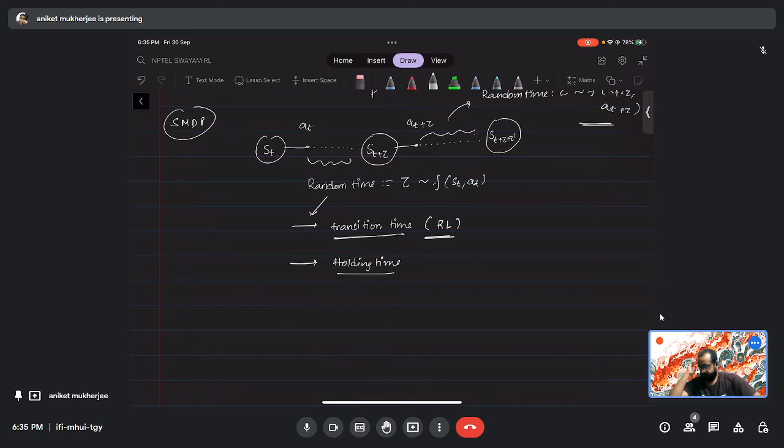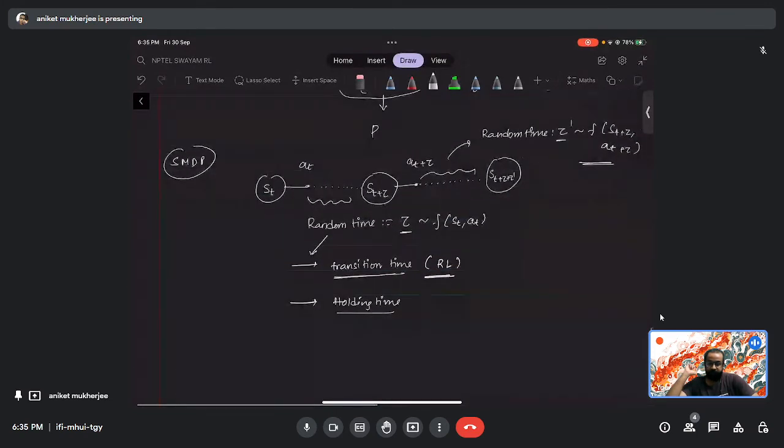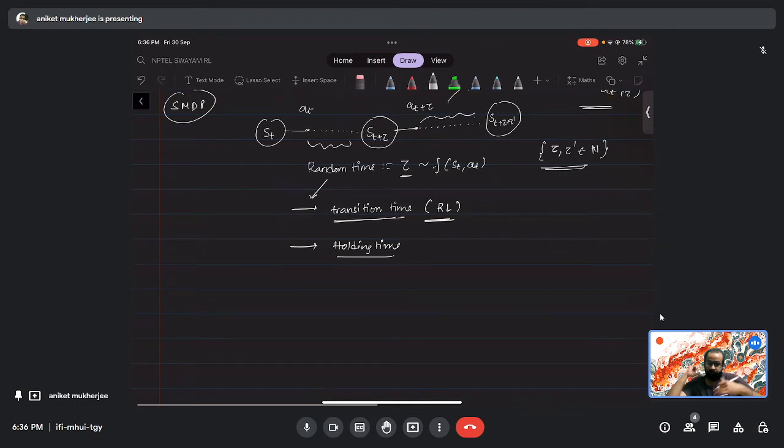Another thing to remember is that there is no notion of continuous time here. You can bring in a continuous time concept, but these taus are natural numbers. So you wait for a random positive integer time, then you transition.